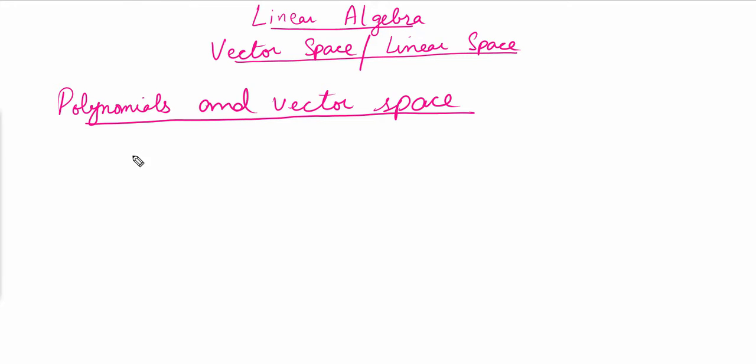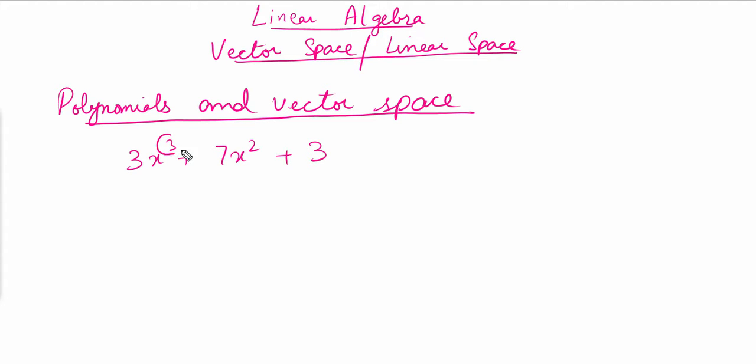Let's suppose we have a polynomial, for example 3x cubed plus 7x squared plus 3. If you have to check the degree of the polynomial, the degree is the highest exponent in the polynomial.